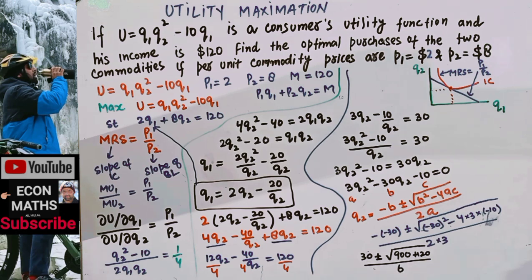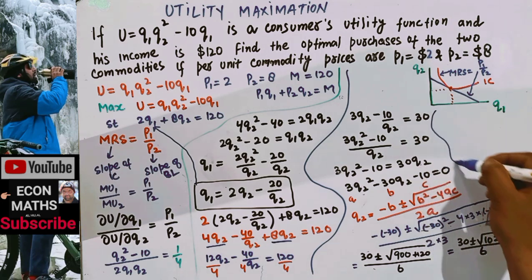That means we get 30 plus minus the square root of 1020, divided by 6. Okay, so solving it further, this is the value of q2.